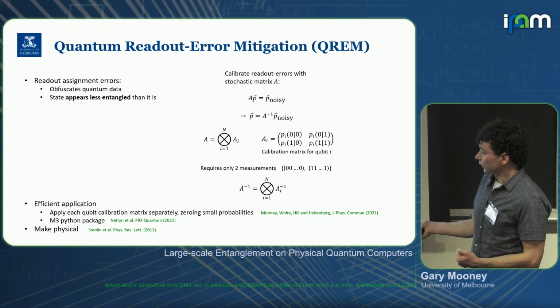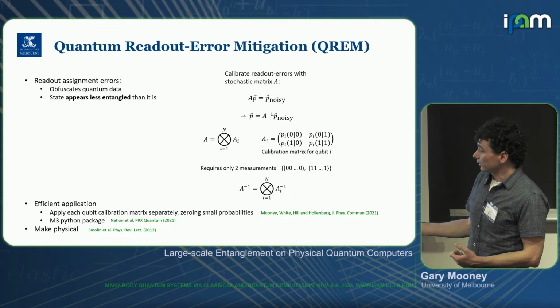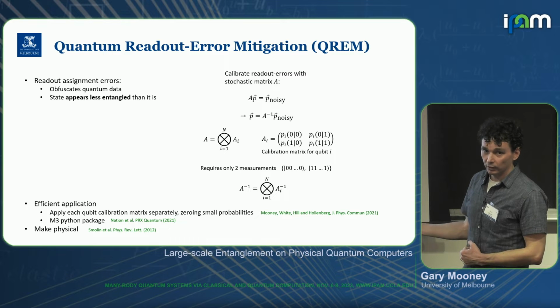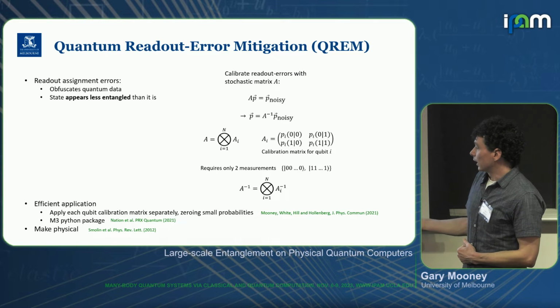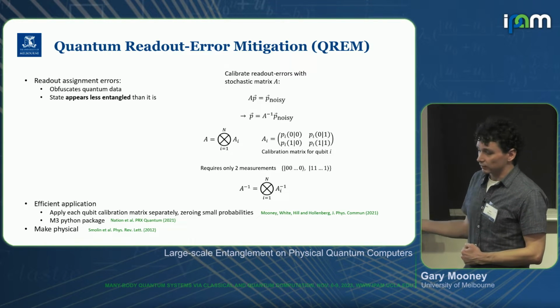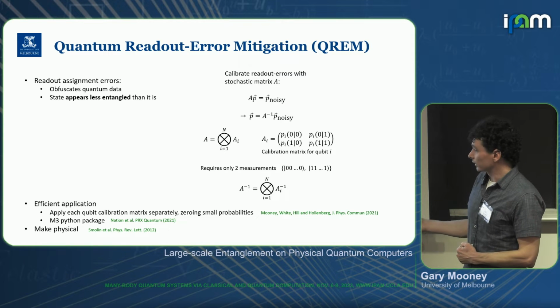That significantly increases the speed of correction. Another package that we're going to be using in the later experiments is M3, which uses some molecular techniques to correct.